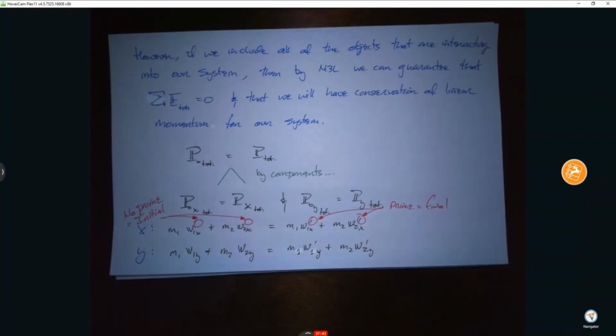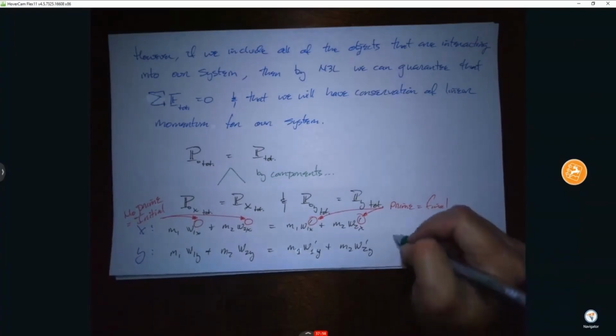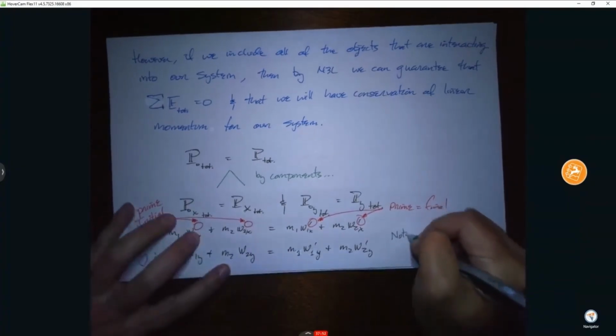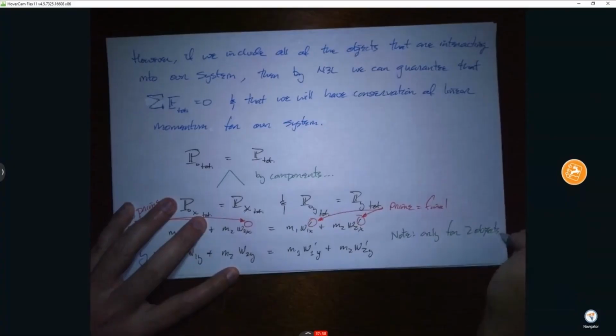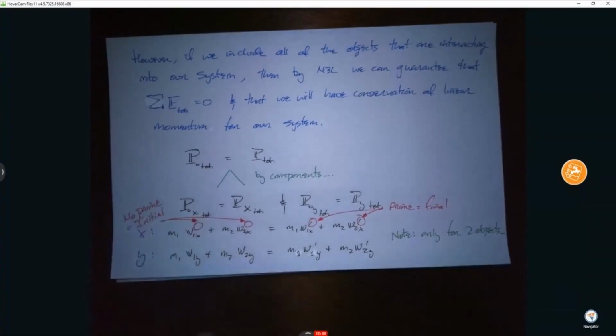Okay, so there we go. Again, I only wrote it out for 2 objects within our system. If there were more, then you'd add more terms.